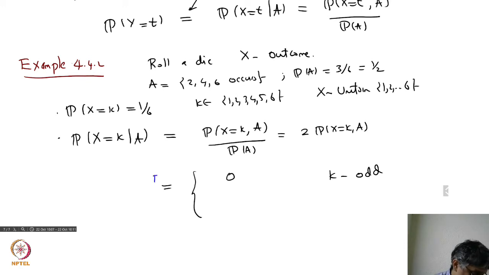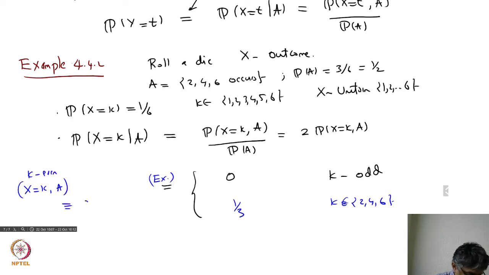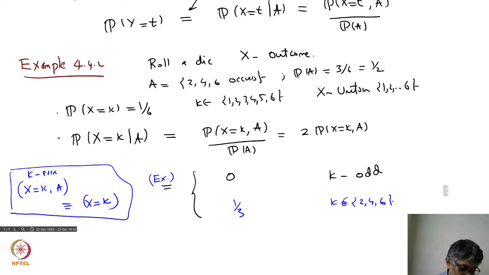One can just check that this is going to be equal to twice the 1/6, so you just get 1/3, if k is in 2, 4, and 6. This is because when k is even, the event X equal to k and A is the same as X equal to k.